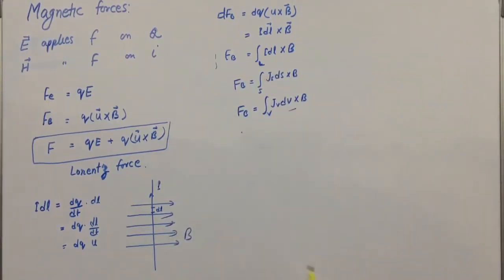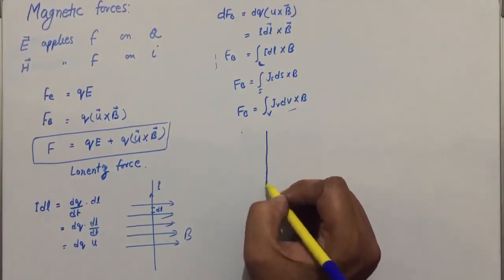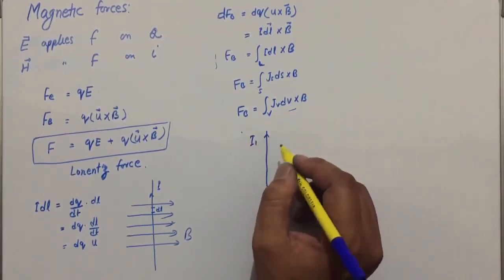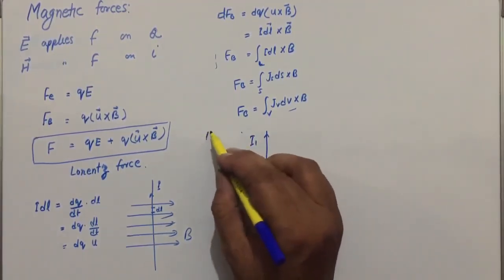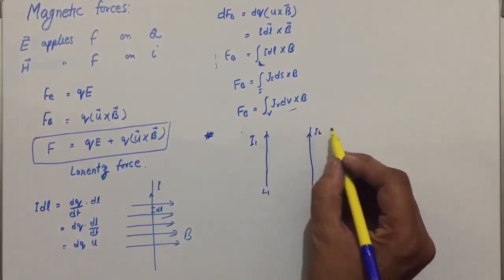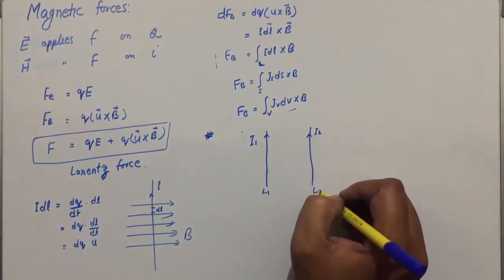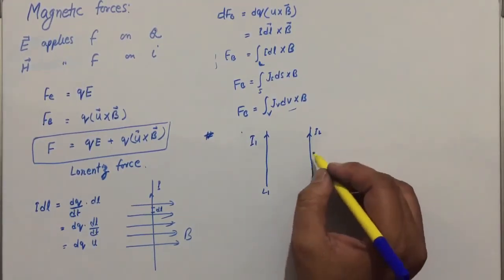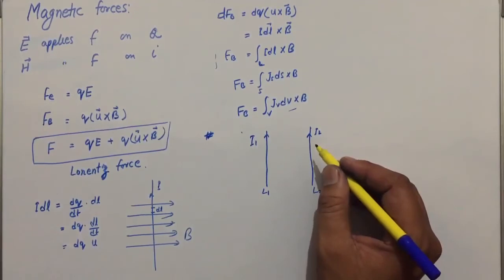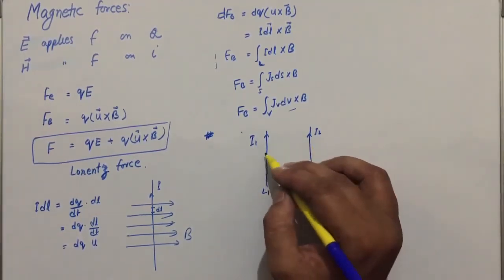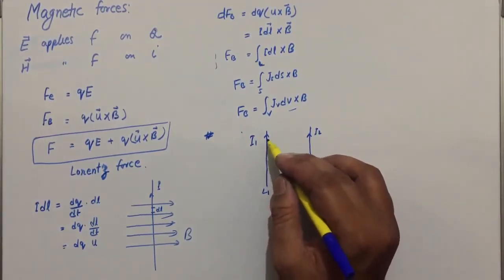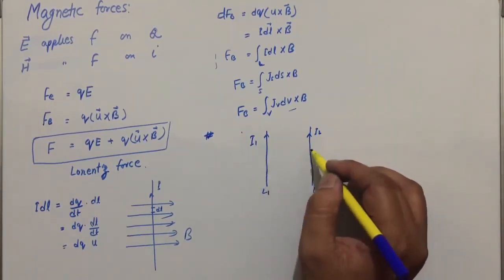Okay, and considering this, let us assume the first conductor is there, it is carrying current I1 and the length of this is L1. Consider another current I2, having length L2. Now assume that this I2 is generating the magnetic field and this current carrying conductor is in that magnetic field, so force will be exerted on this due to this magnetic field.